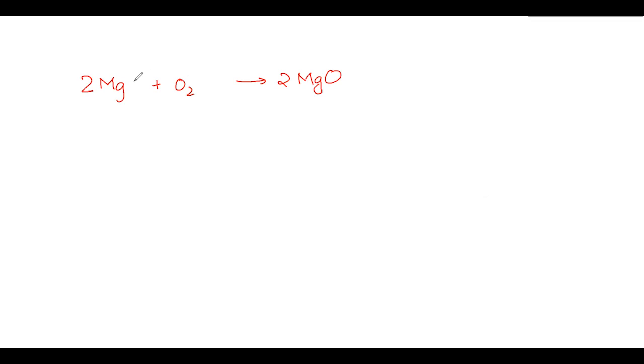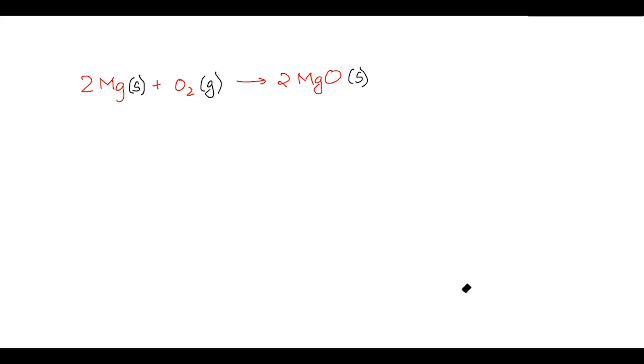We have the magnesium ribbon. As it is magnesium ribbon, it is in solid state, so we write S to denote solid. Now it reacts with O2. O2 is air that is in gaseous form, so we write gas. Now moving ahead, magnesium oxide is formed, which is white ash, so it is also solid. Okay, so this is a complete equation.